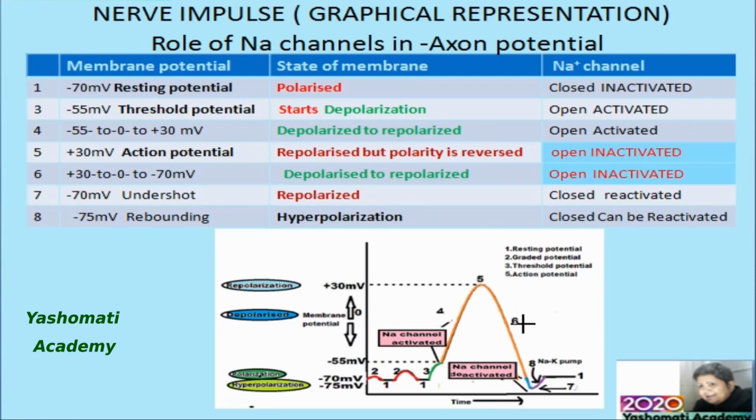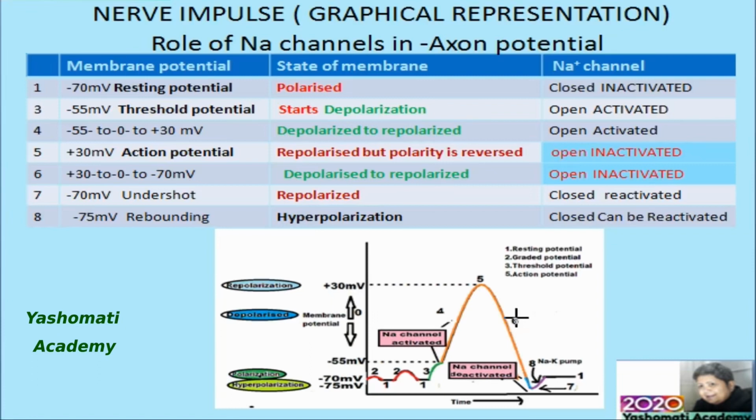Now here also a stage will be reached when the potential becomes 0. Potassium channels are also the kind of channels which are slow to react. So by this time, the potassium channel is open, more and more potassium ions are being transported out, and a stage will be reached when the membrane gets repolarized.